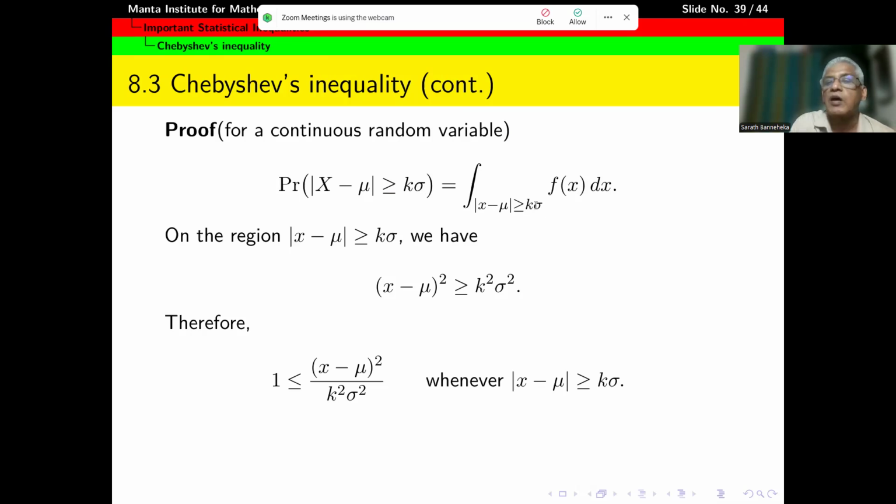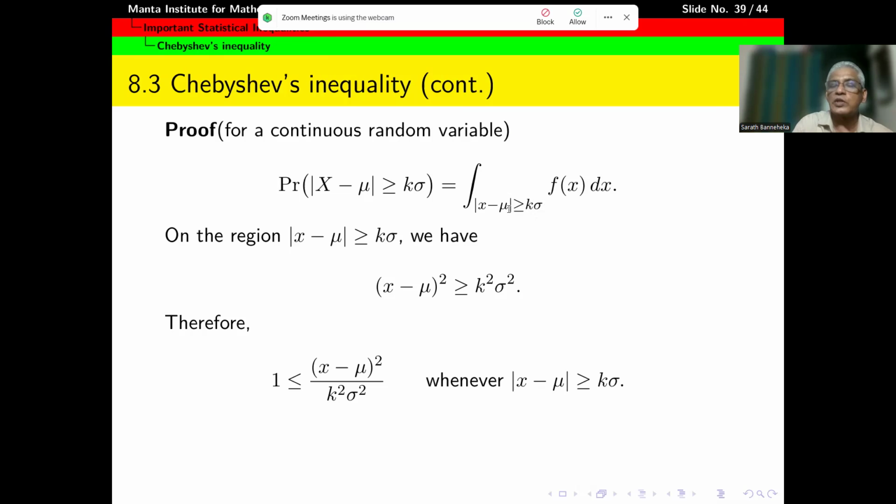This will usually be the union of two intervals. One interval will be x greater than or equal to mu plus k sigma. The other interval will be where x is less than or equal to mu minus k times sigma.